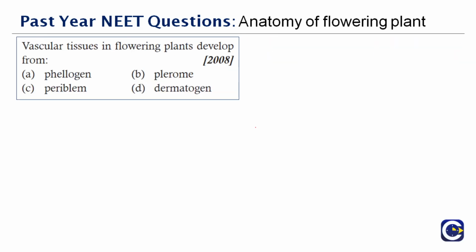Next question here. Vascular tissues in the flowering plants develop from dash. What is the use of the vascular tissue? Before going to the solution, what do you mean by tissue? There are plants which have vascules, and then there are plants which are avascular. Certain plants have vascules, some do not.